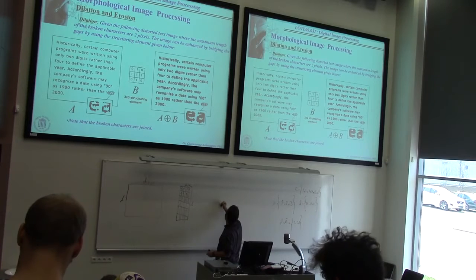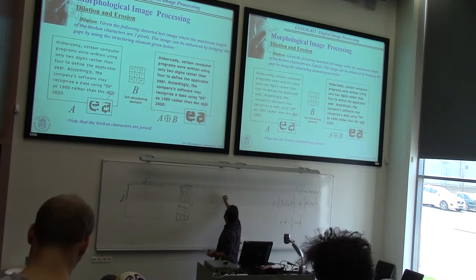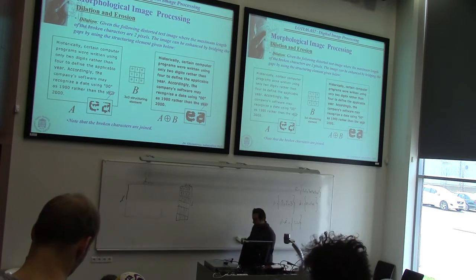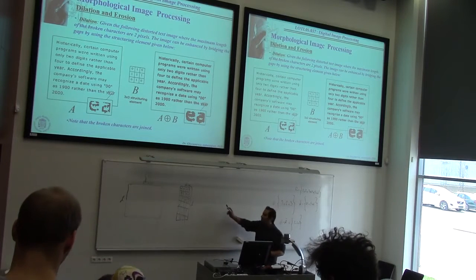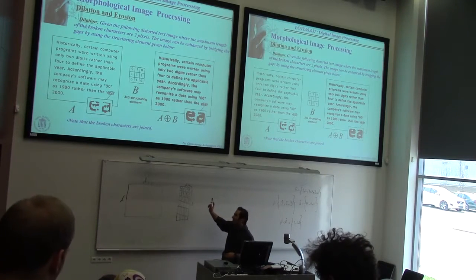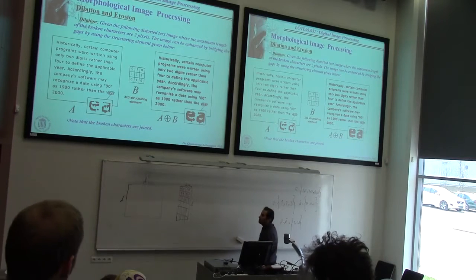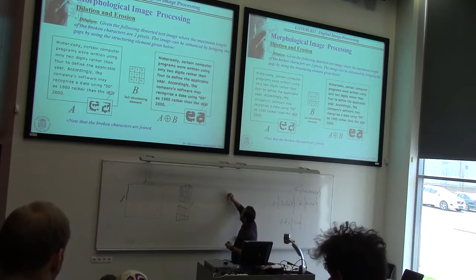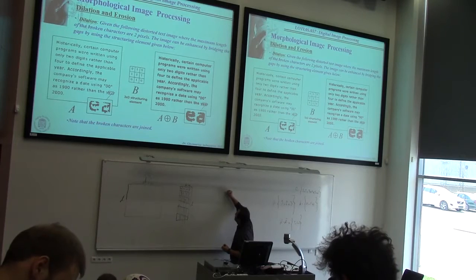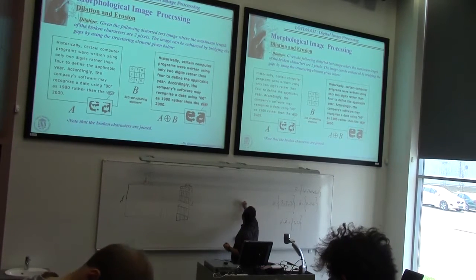one, 0, 0, 0, 0. When we put this on the original image or on the original set, we don't have to put one, for example, in this form.